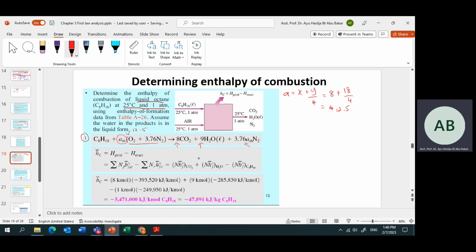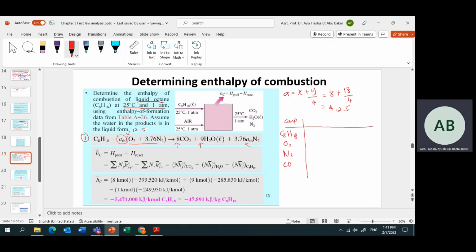Okay, to find the enthalpy of combustion, enthalpy of the product minus enthalpy of the reactant. Again, list down all the info that you require. Components: reactants are your octane, O2 and N2.